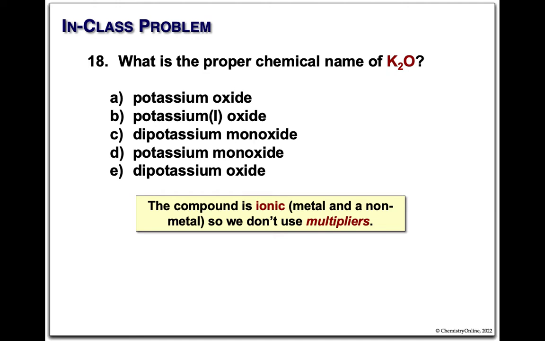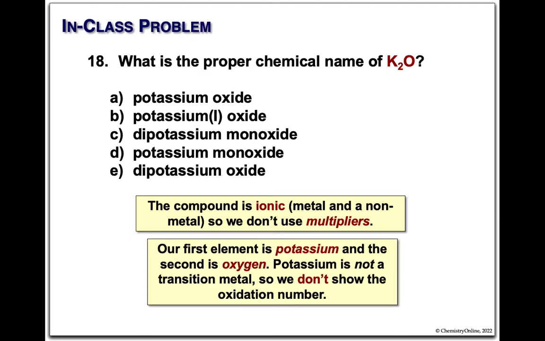What we do simply is just list the elements in the order that they appear. So this is potassium and oxide. Potassium is not a transition metal. We don't need to show its charge. Potassium oxide works.